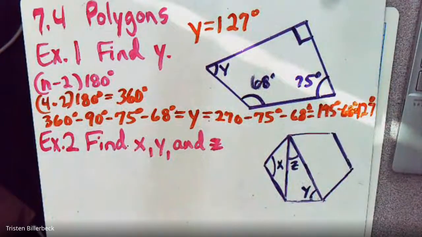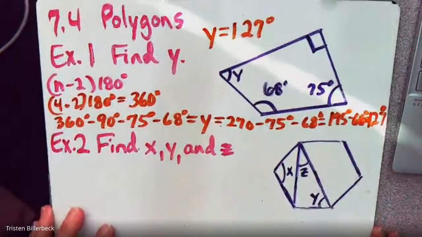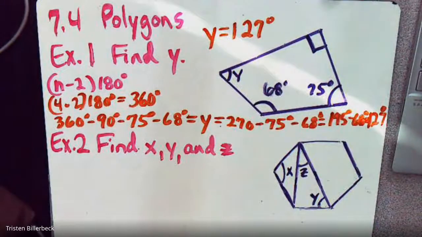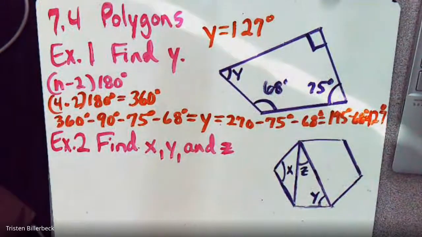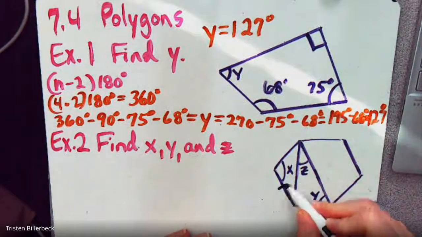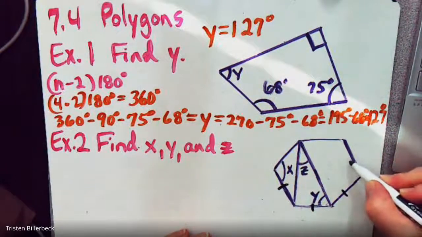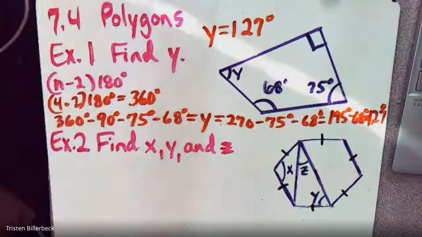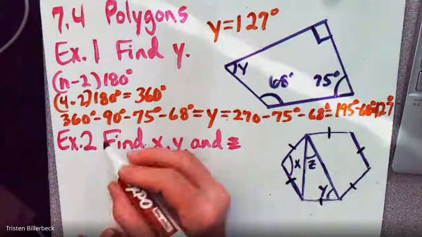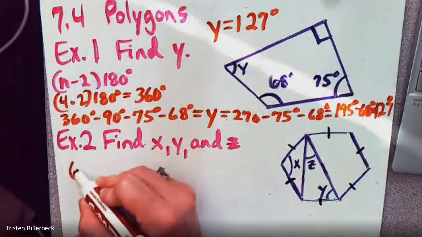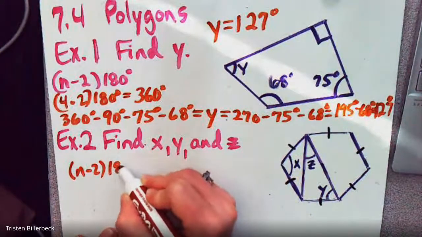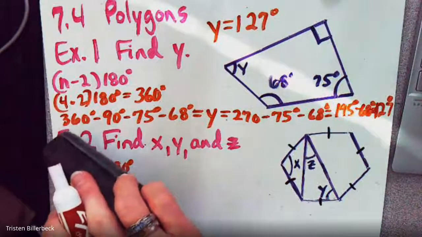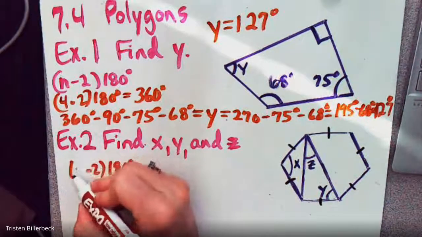All right, so we have find x, y, z. We have a hexagon here, and it looks like a regular hexagon to begin with. That would mean all our sides are congruent, and it also means all the interior angles are congruent. So we are going to take n minus 2 times 180, but it's a hexagon, so instead of n we can write 6, because a hexagon has 6 sides.